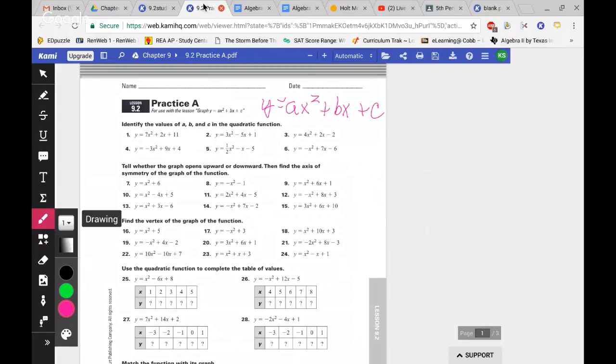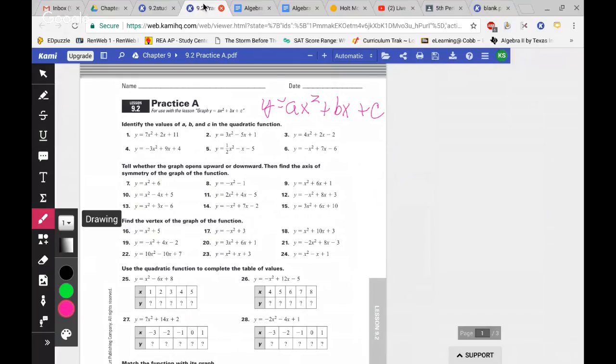So, on number 7 through 15, it says tell whether the graph opens upward or downward, and then find the axis of symmetry of the graph of the function. Okay, opening up or down, we did talk about that a little bit on Monday, but that's simply driven by whatever the sign is on the leading coefficient.